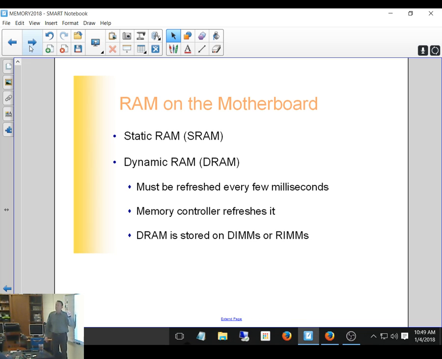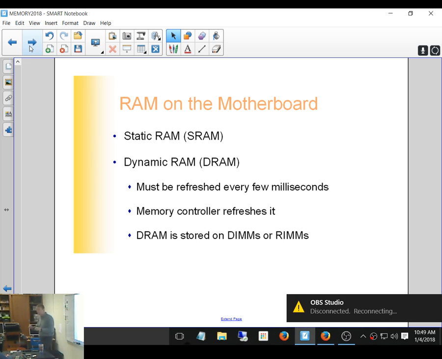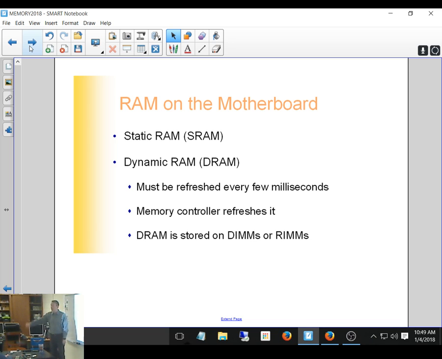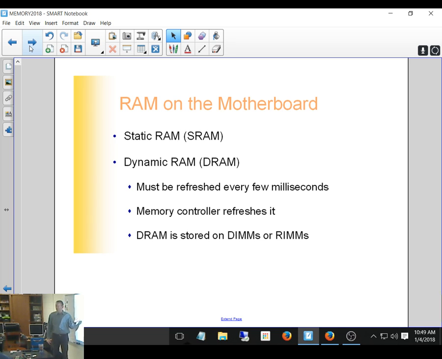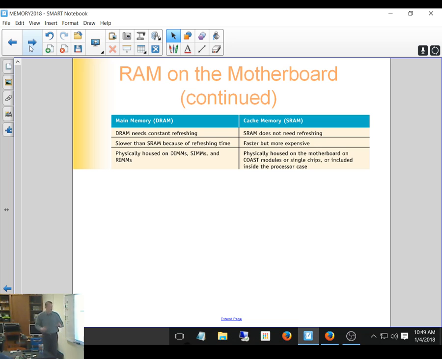So which one do you think would be the faster one that is in our computer, and which one would be the slower one, if you had to guess? Cache is faster, so which one do you think is cache? Static. Okay. Cache is static, and our sticks of RAM are dynamic. The reason for that is that static RAM is really more expensive.